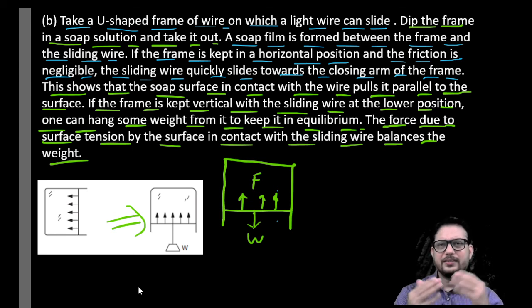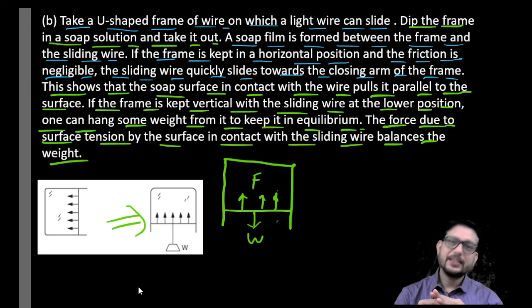So these are the daily life examples which clearly demonstrate surface tension, that the surface of any fluid has some specific property. So I hope and believe that this topic is now clear to all of you, how we can demonstrate surface tension in our home, and in our lab also.